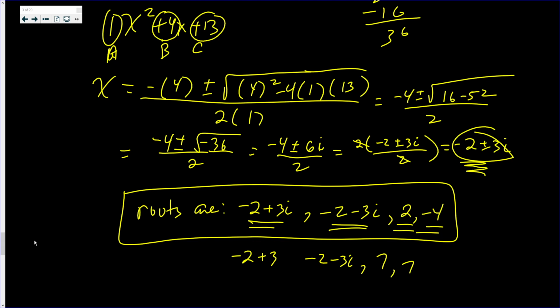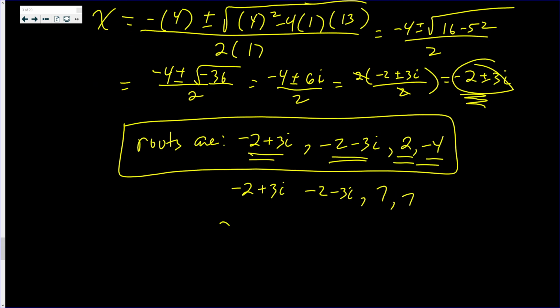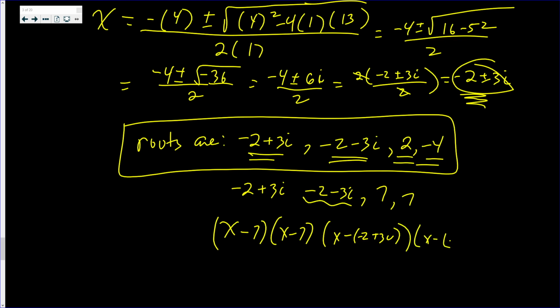That is, 2 of the factors will be x minus 7 times x minus 7 times x minus negative 2 plus 3i and x minus negative 2 minus 3i. This completes the section on complex roots.